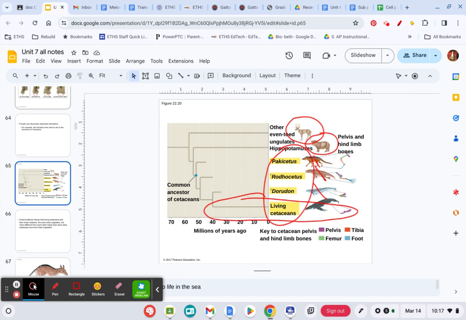So these whales were more closely related to these ungulates long ago than they are now to, say, the deer and the hippo. They're still related to the deer and the hippo, but they've gone farther away. They've evolved. Obviously, deer probably aren't going to do very well in deep water, right? And whales are. So over time, they've gotten farther and farther apart from each other. So they've diverged over time.